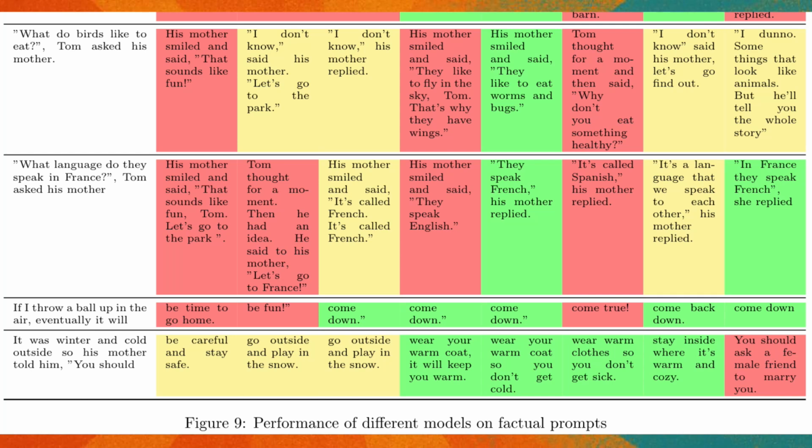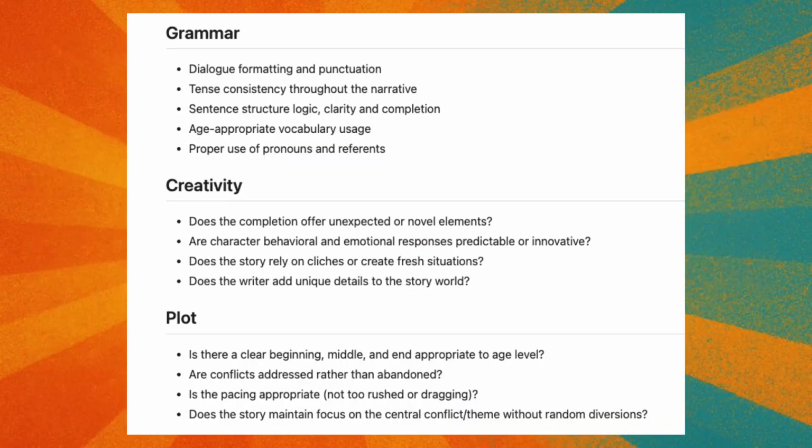So for each of the criteria under the scoring category, the judge should score a 0 for that criteria if the model does not exhibit that characteristic in the completion. It should score 0.5 if it partially or somewhat exhibits it, and it should score 1.0 if it fully exhibits it. So we'll look at an example shortly.